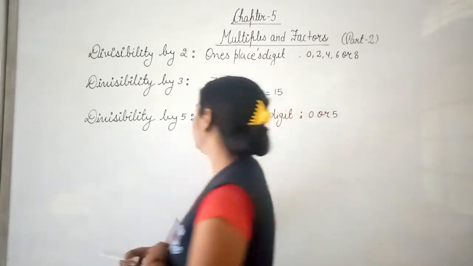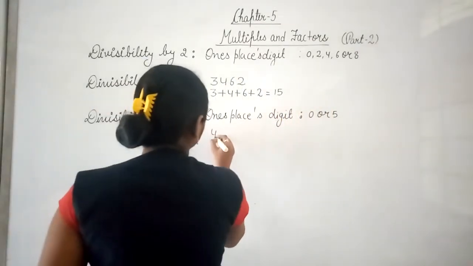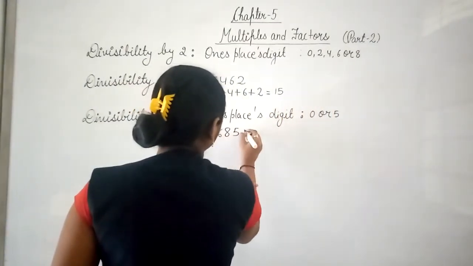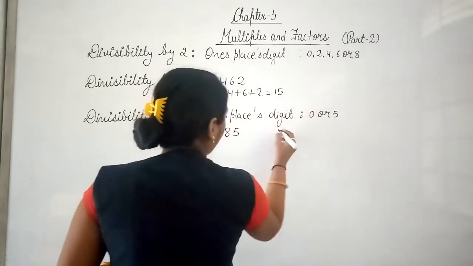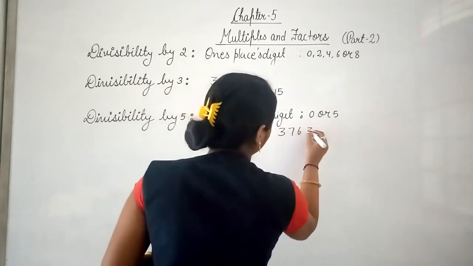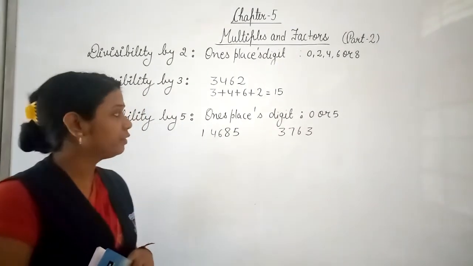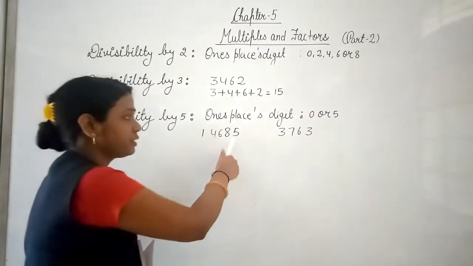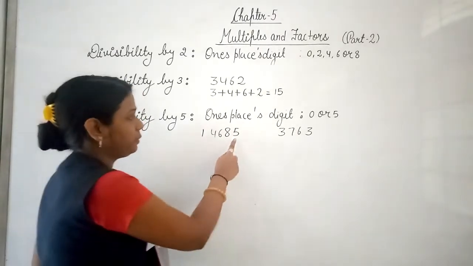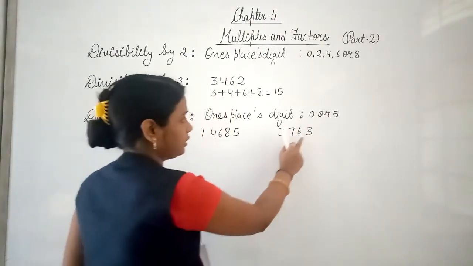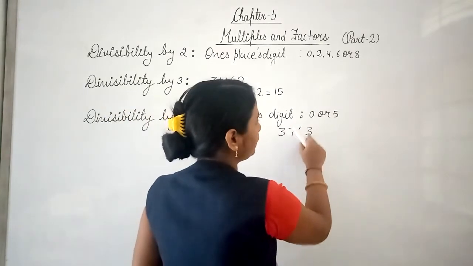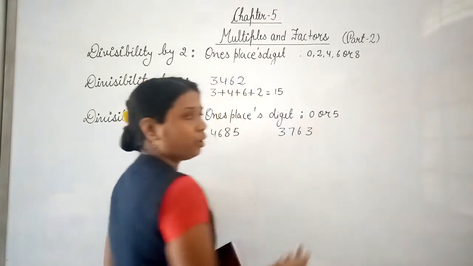For example, if I take two numbers, which one will be divisible by 5? Yes, obviously this number, because at ones place 5 is written, and in this number, at ones place, there is neither 0 nor 5.